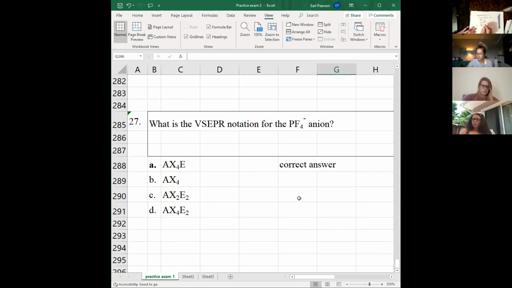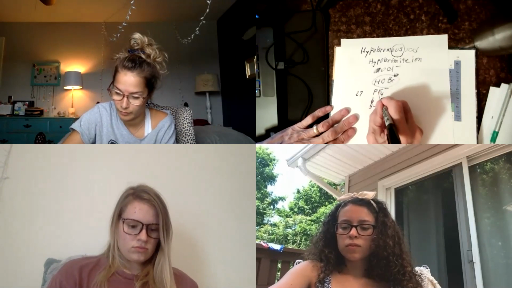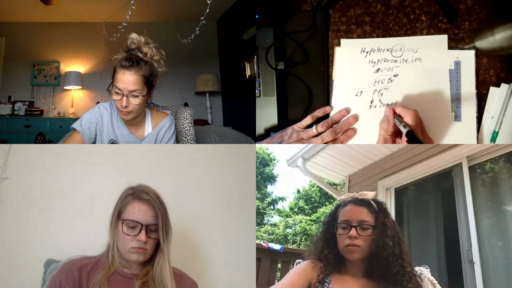PF4 minus, and we want to get the VSEPR notation for it. Okay, so phosphorus is in group 5 on the periodic chart, so it's got 5 valence electrons. Fluorine is in group 7. I've got 7 valence electrons for fluorine, and I've got 4 of them. And I need to add 1. So 4 times 7 is 28, plus 5 is 33, plus 1 is 34, right?